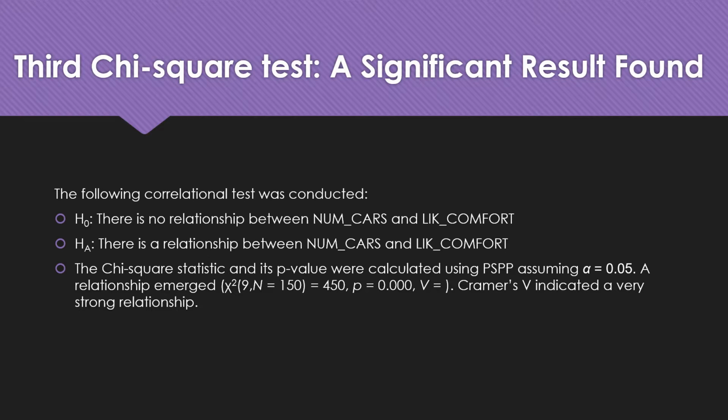With a p-value which is very, very low and tends towards 0, we reject the null hypothesis because the p-value is much less than our significance level, which is 0.05. We have 9 degrees of freedom in this case, and our chi-square value gave us 450.